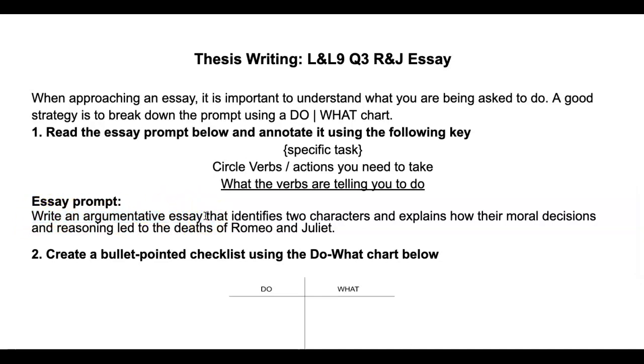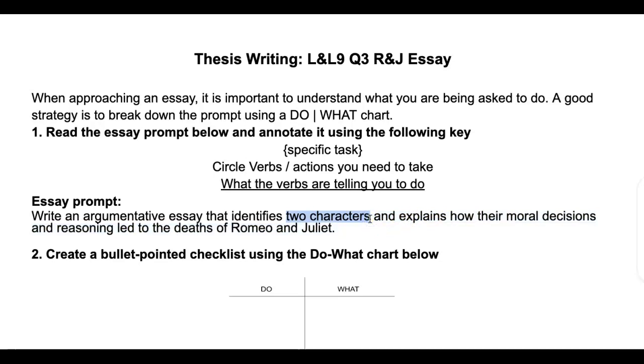Now we need to circle the verbs. So we have this essay, and by the way, this will be a 4-paragraph essay. The two verbs that you're going to circle are identifies, so circle identifies, and circle explains. After you circle identifies, you're going to underline two characters.